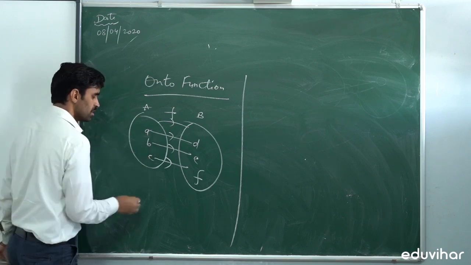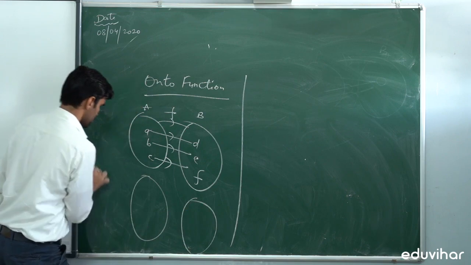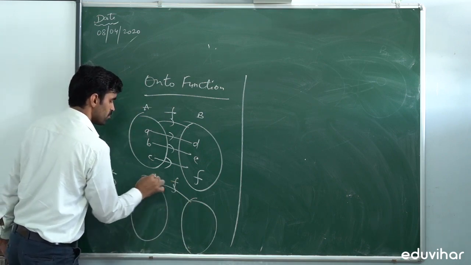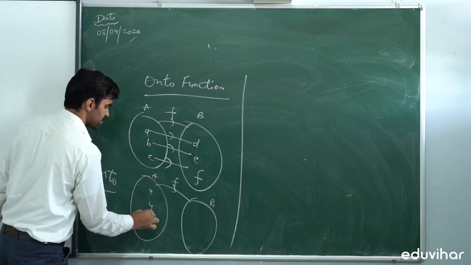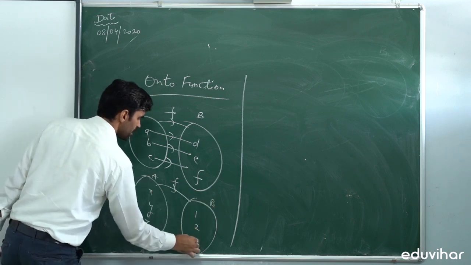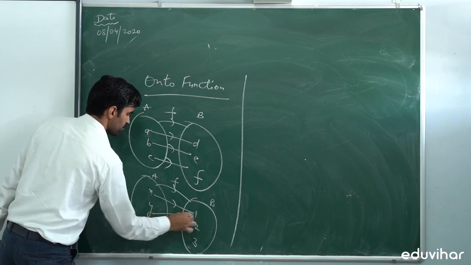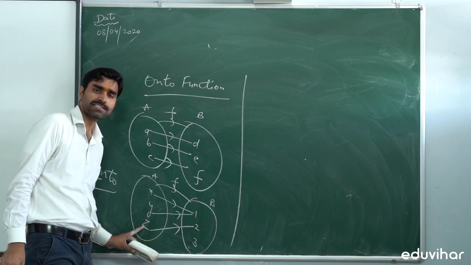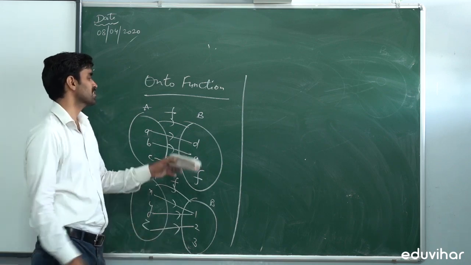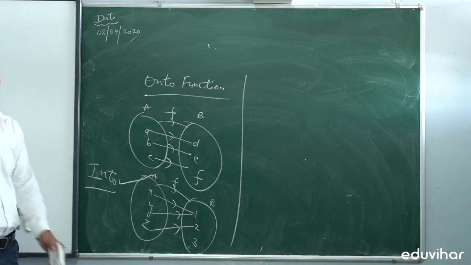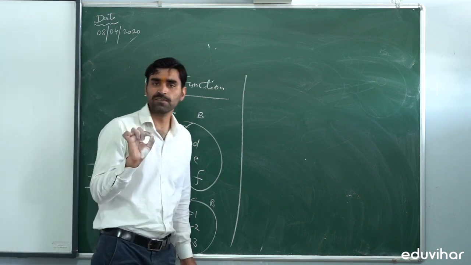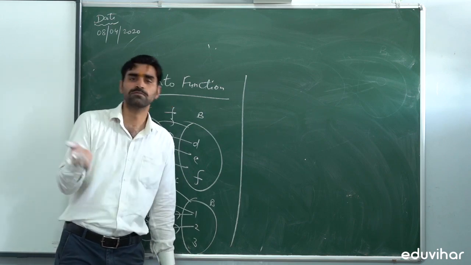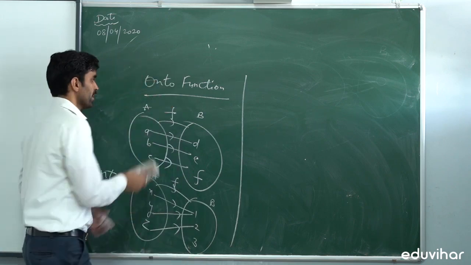But in case of an into function, if we have a function from set A to set B in such a way that here x, y, z, here 1, 2, 3, here element 3 does not have any image in the domain, so this type of function is known as an into function. And a function which is one-one and into must be a one-one into function. Okay.